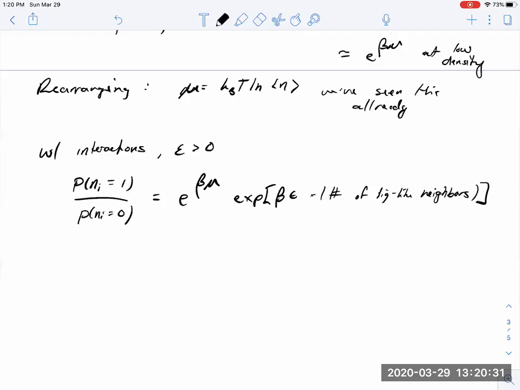To compute the energy, I need to know what the neighbors of cell I are doing, whether or not they are liquid-like, in which case I get a favorable energy, or they're vapor-like, in which case I get no favorable energy.